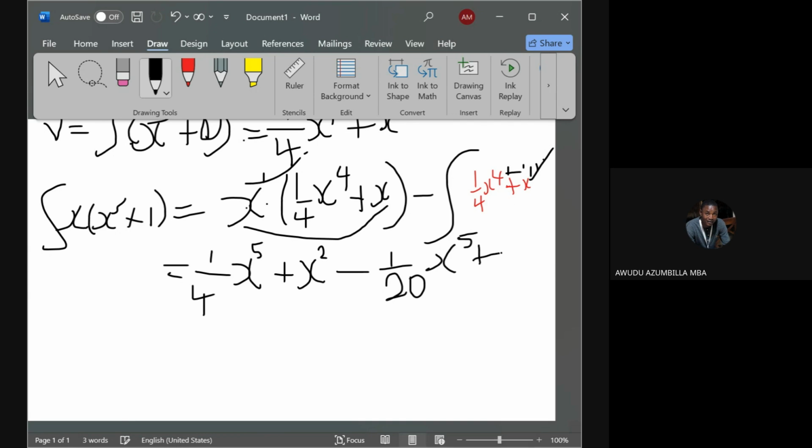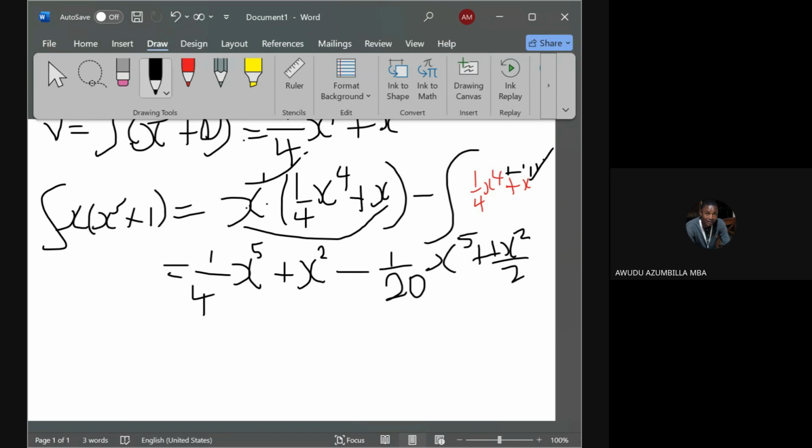So plus x squared all over 2, because we are going to multiply the 2 as well, all over 2. Okay, so you can rewrite this one as 1/2 x squared. So this is the integral of the second part.